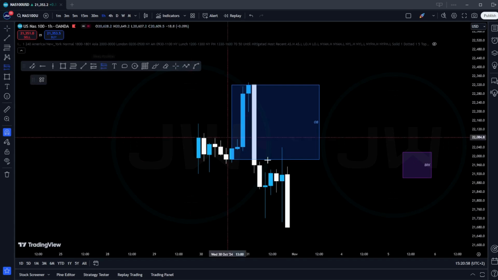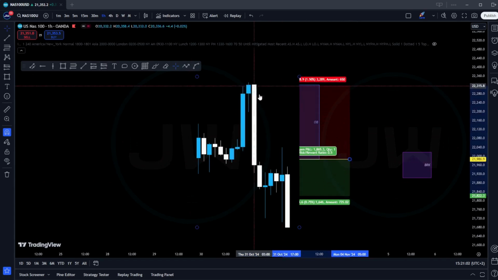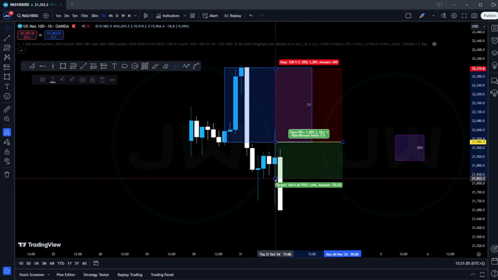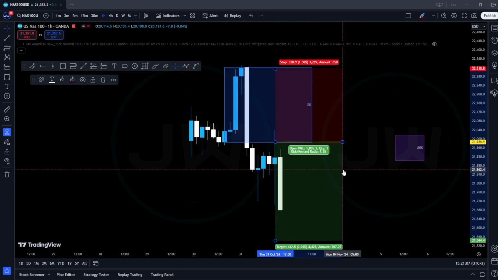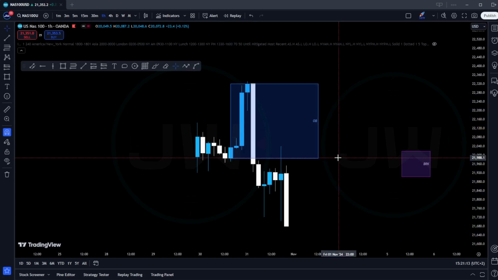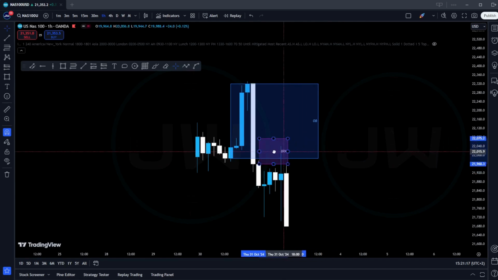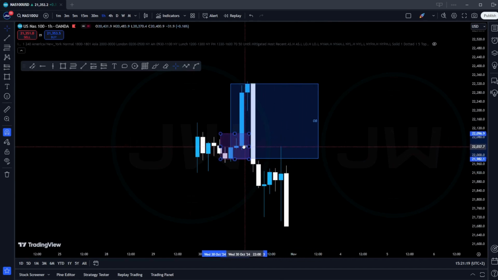What would happen is you take your entry, but as you can see, this is way too wide of a stop loss to make an entry, and this is why our breaker blocks are useful, because our breaker blocks come right before our order blocks.